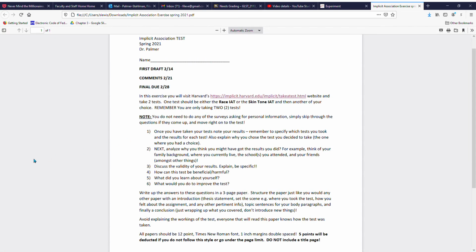Anyway, once you do both tests, it will give you a results page where it will say you have a slight bias, a strong bias, medium, or no bias for one group or the other, or for one type of thought pattern or another.